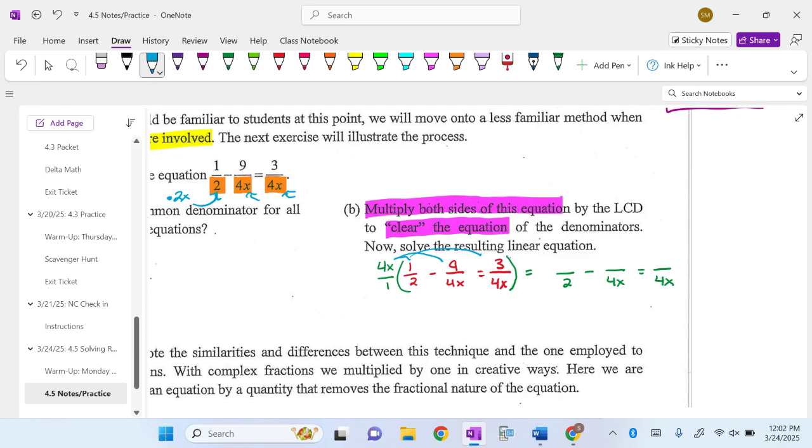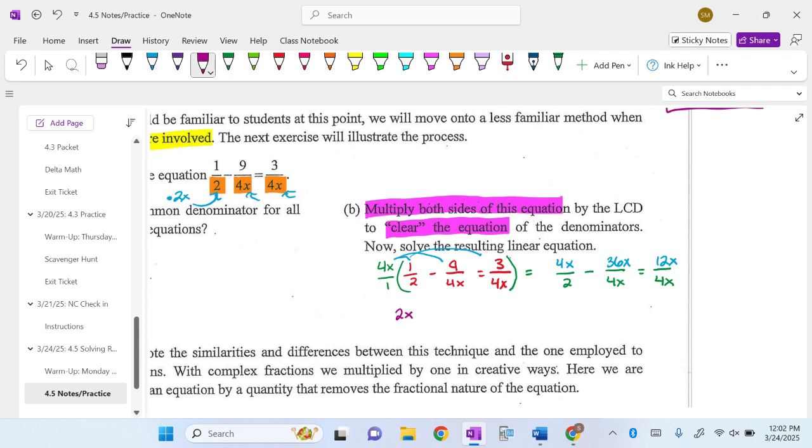So what's 4x times 1? 4x. What's 4x times 9? 36x. What's 4x times 3? 12x. Now I got some fractions that will simplify to give us whole values. Because what's 4x divided by 2? 2x.